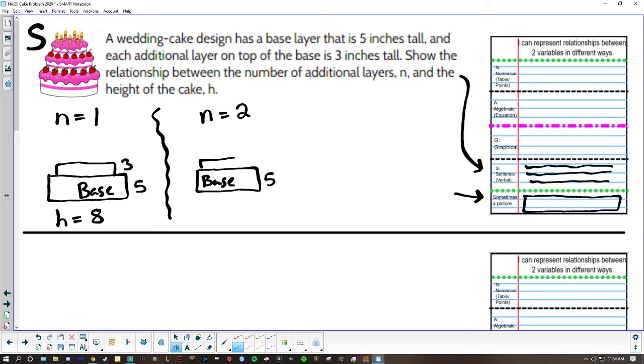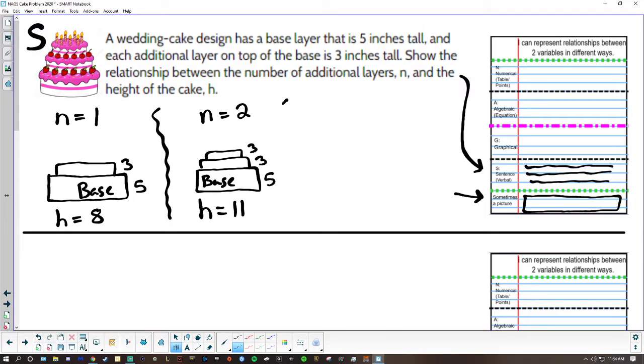So I have 1 additional layer, 2 additional layers. Each additional layer is 3 inches tall, so I'm going to write 3, 3. If I have 2 additional layers and my n is 2, then the height of my cake is going to be 5 plus 3 plus 3. So 5, 8, 11 inches tall.